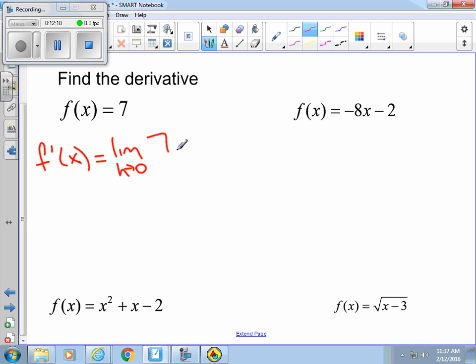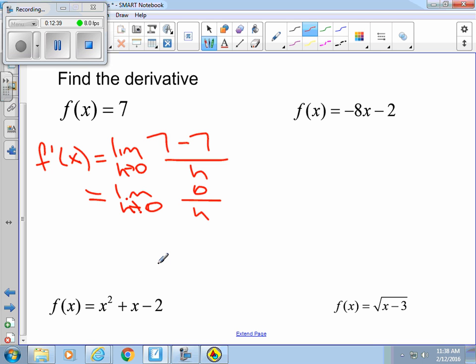There's nothing to plug into, right? f of 0 is 7, f of 1 is 7, f of 10 is 7, f of a million is 7. It's all 7. f of x is 7. So I get the limit as h approaches 0 of 0 over h.